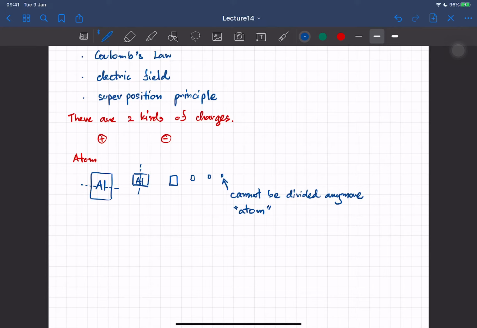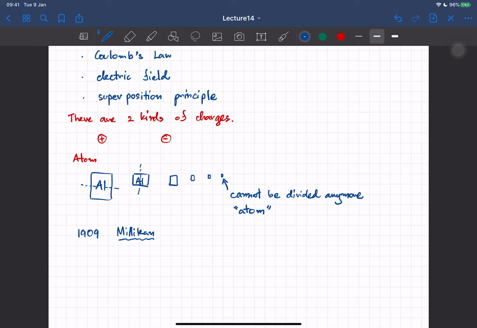Okay, so this is the idea that got verified for charges in 1909. So you probably have heard the name Millikan. He's the one who performed an experiment to measure the electron charge.